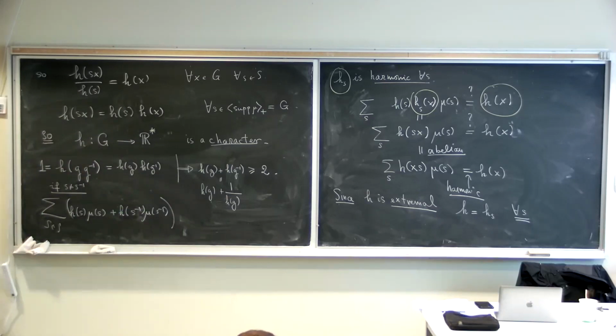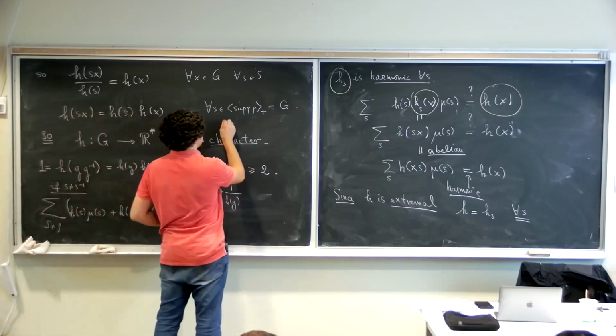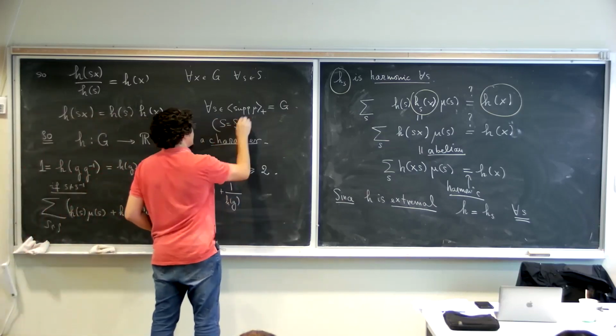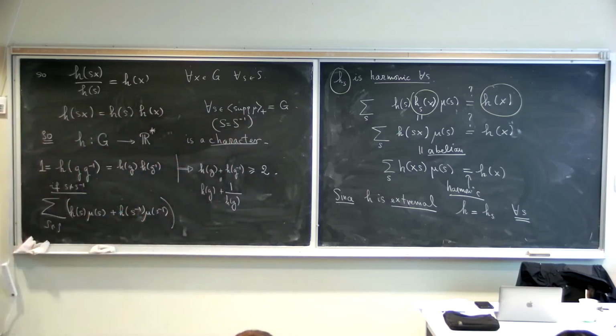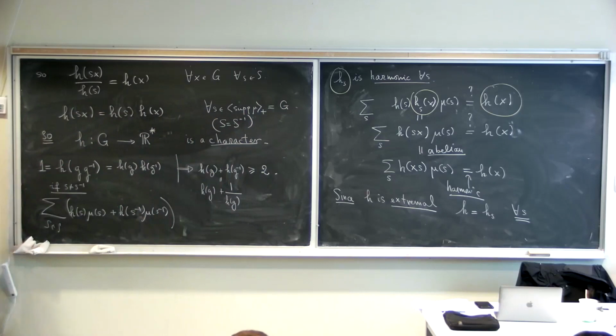And this I can always do. We're assuming that the measure we start from is symmetric, so S is S inverse, and the measure mu(S) is the same as mu(S inverse). So what is this?